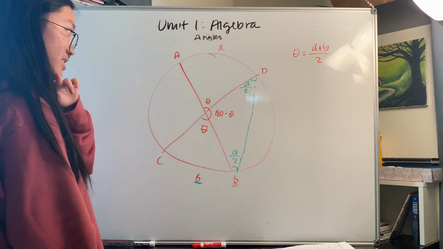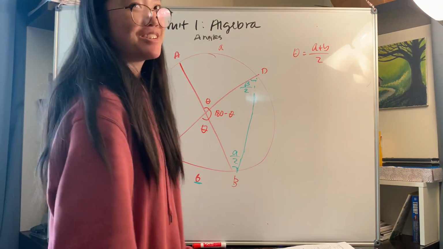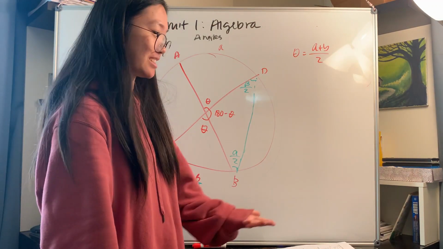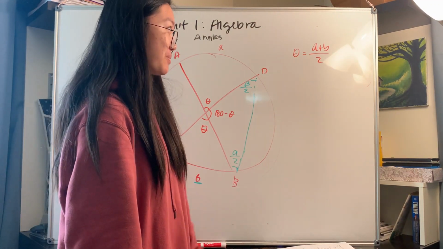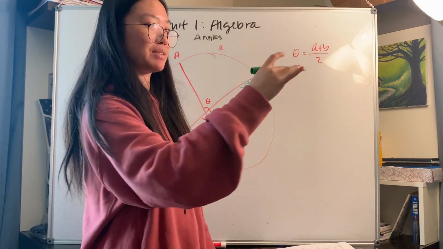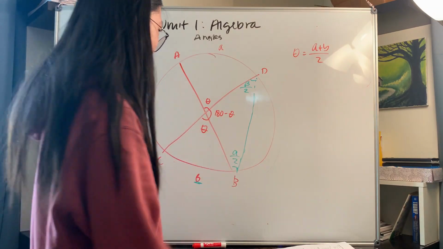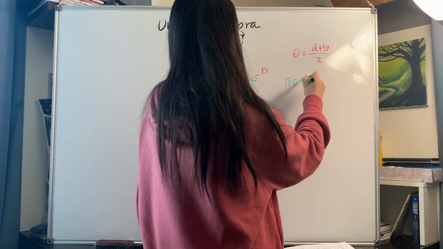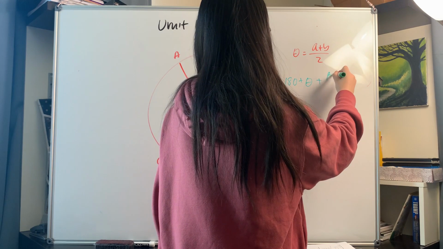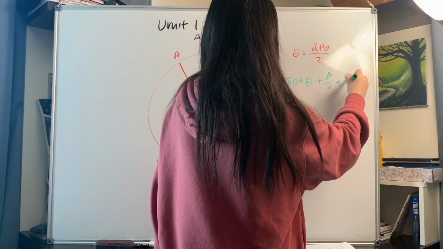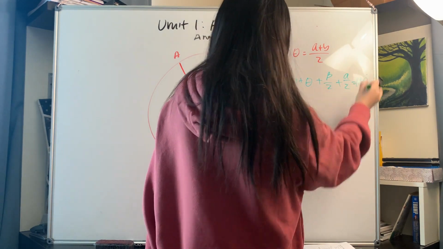And so now that we have this set up, using what we did in our previous lecture, we have to remember that the sum of all the angles in a triangle adds up to 180 degrees. So now that we have this over here, 180 minus theta plus B over 2 plus A over 2 is equal to 180 degrees.